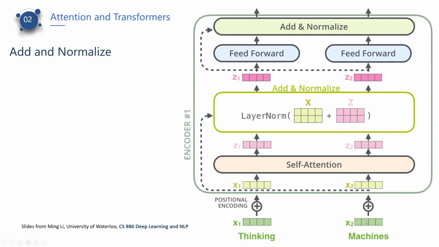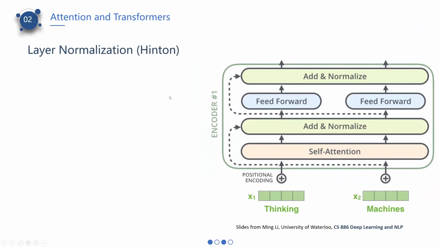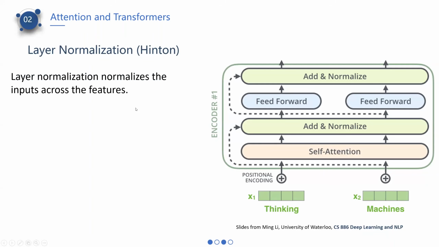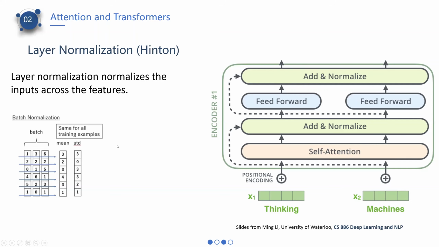So we have "thinking machine", position encoding, X1, self-attention, Z1, Z2. Then we're going to talk about layer normalization. The idea is that because there are different layers, we want to make sure these features are normalized for the next layer, so that each layer treats them equally. You are familiar with batch normalization, right?